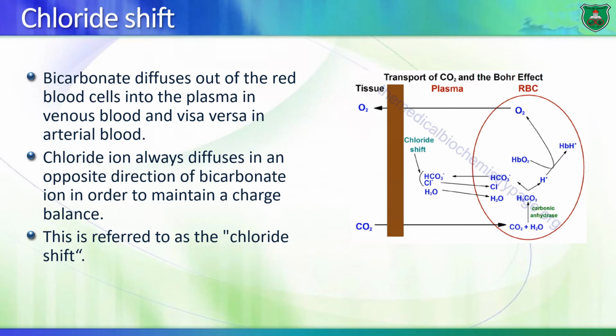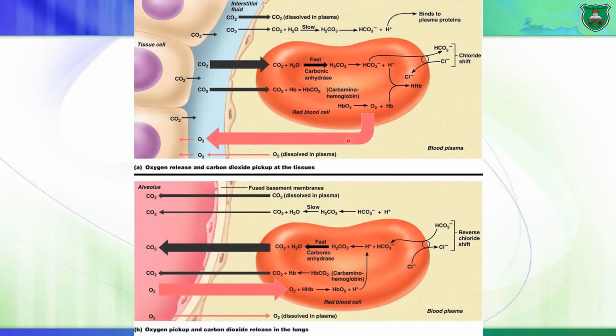So again, what happens here is that in tissues you have production of CO2. CO2 goes into red blood cells and combines with water, and with carbonic anhydrase, it dissociates into the ions, bicarbonate ions and protons. Now the bicarbonate ion goes out, and the chloride ions would get in, again balancing the charge.